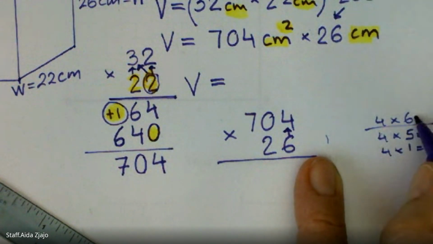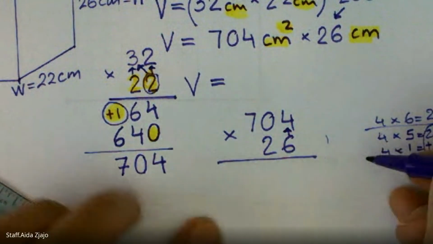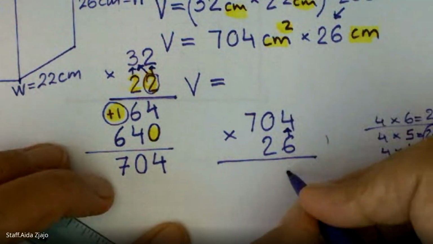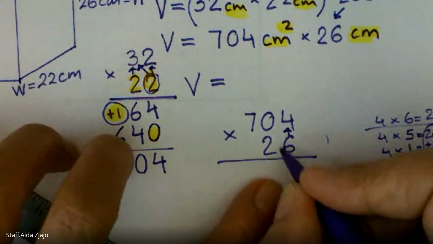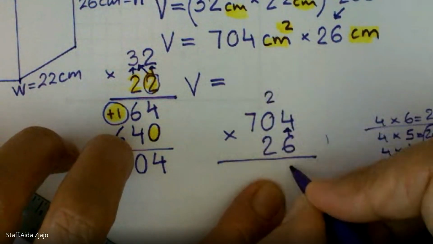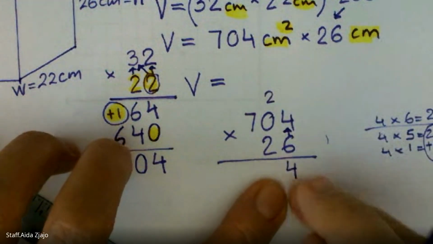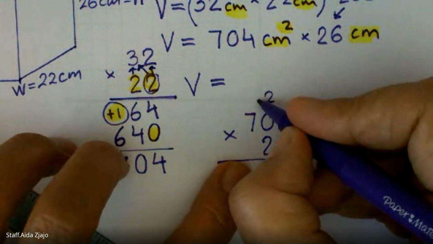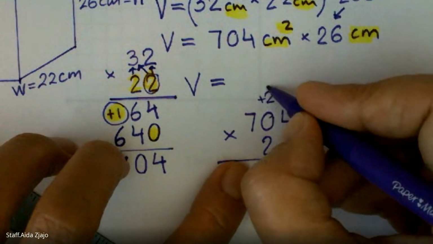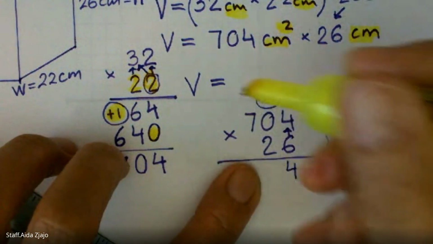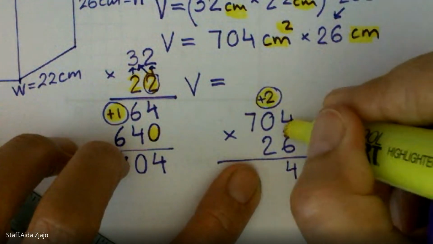Together, 4 times 6 is 24 when you add these two together. So 6 times 4 is 24. The 4 stays, you carry 2 tens with you. Now you're done with ones.